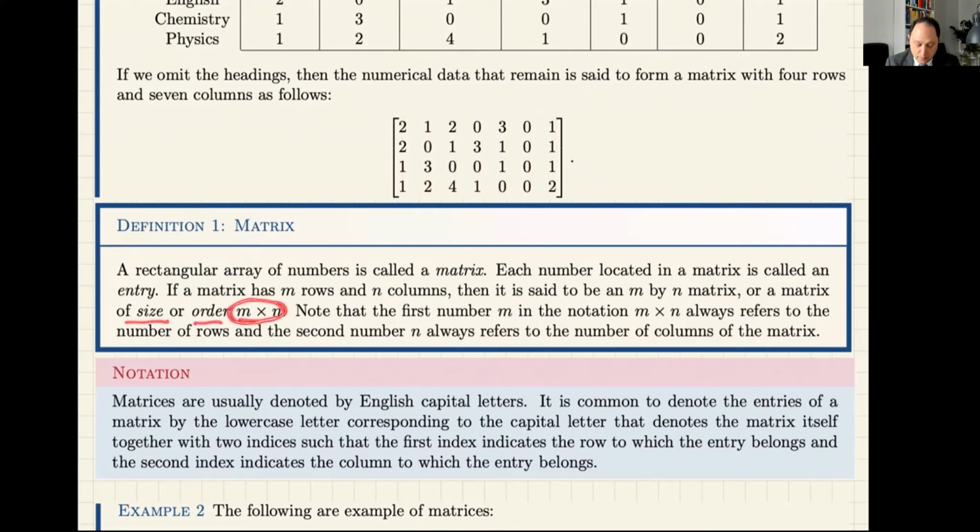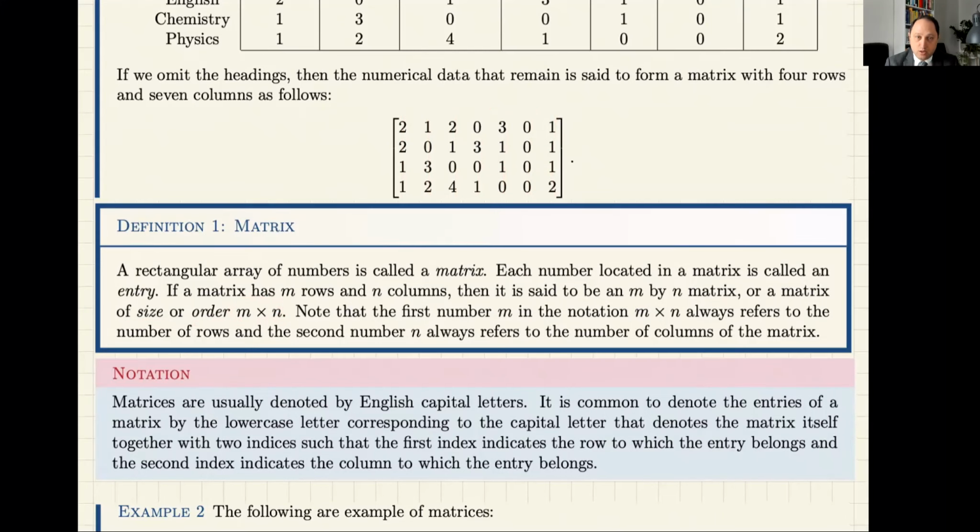So when you see m times n, you don't read it m times n, you read it m by n. And then it is very important to note that this is a convention. The first number in this notation refers to the number of rows, and the second number refers to the number of columns. It is a convention, okay?